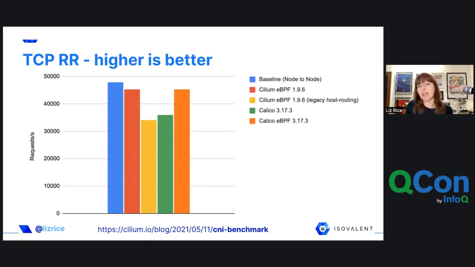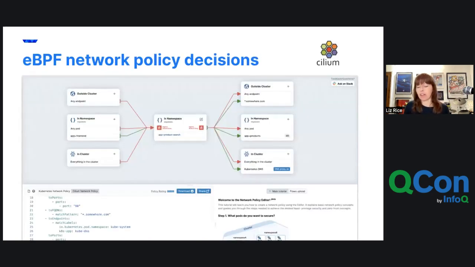And we can also take advantage of having that knowledge of Kubernetes identities and the ability to drop packets to build very efficient network policy implementations. So you saw how easy it was to drop packets.